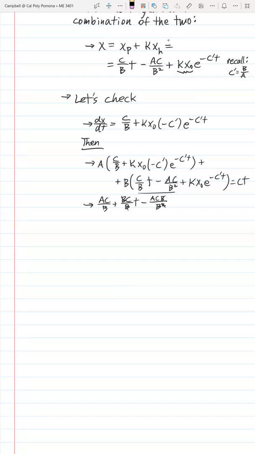And we can see, just as we expected, this is all going to be equal to c times t, allowing us to recover the c times t that we have on the right side of the equation.